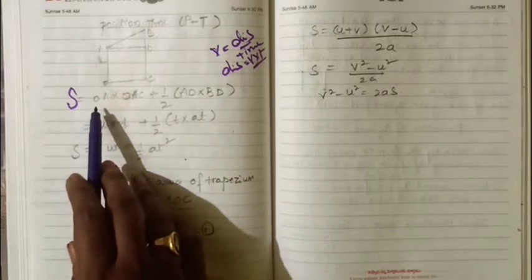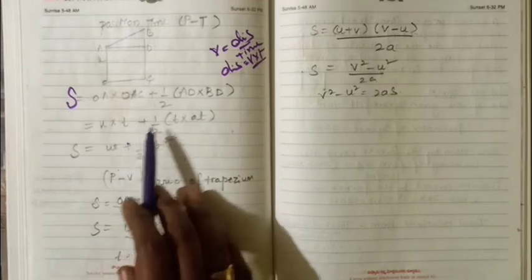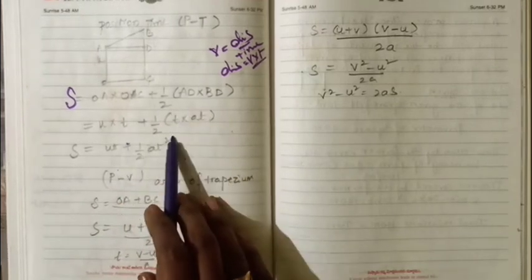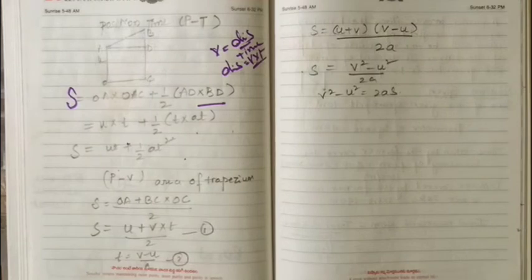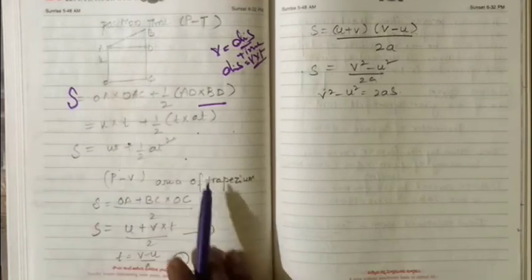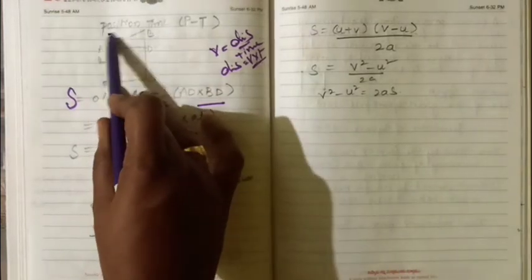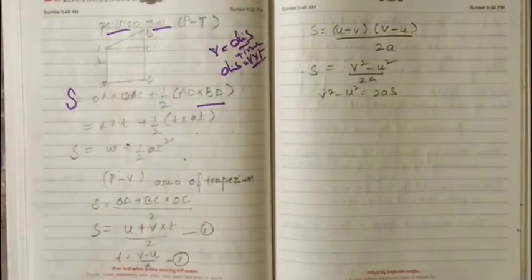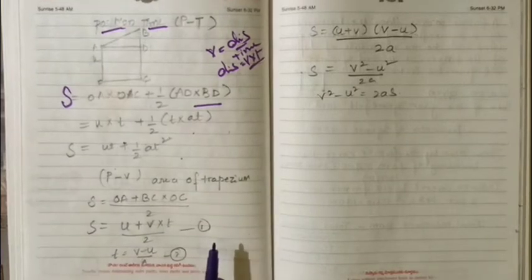We got this from OA is equal to U, OC is equal to T, then half is the same, AD is T, and BD is nothing but AT from the previous equation. So this shows the relation S is equal to UT plus half AT square, the relation between position and time. Then we have the relation between position and velocity.